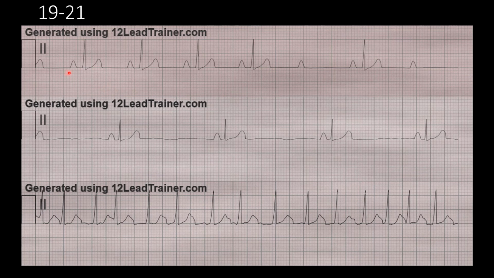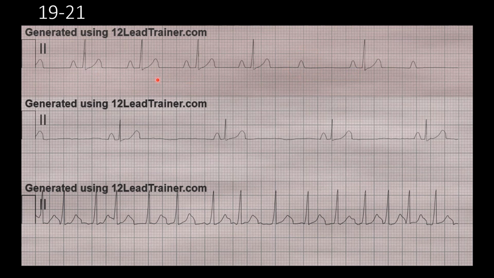Our PR interval is about, let's say, 1, 2, 3, 4, maybe 5, and it looks pretty consistent across. So then we have a narrow QRS, so it's not coming from the ventricles. So everything is fine except for, again, this P wave right here.